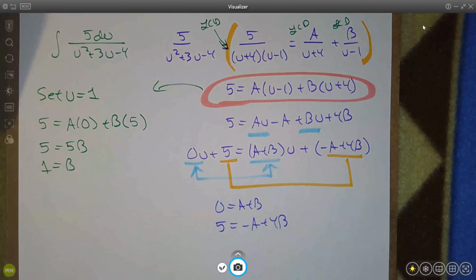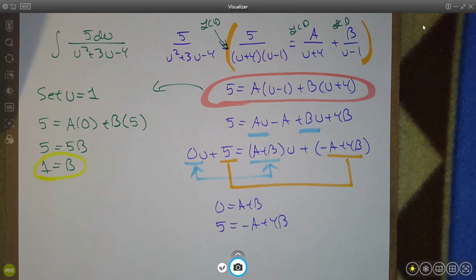I like that. So let's circle that. I'm kind of running out of colors here. There we go. So 1 for B.